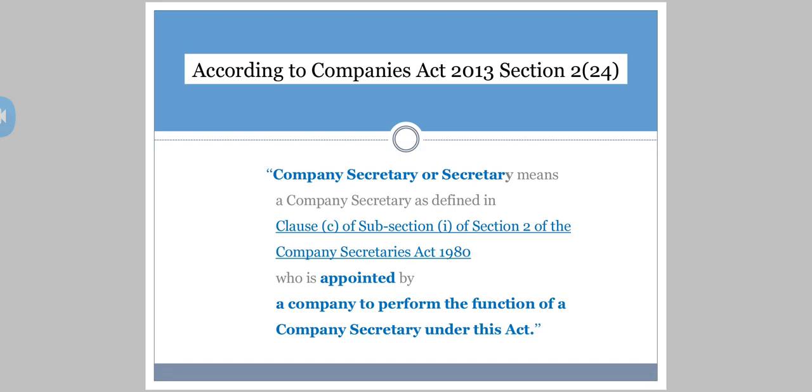Now see, there is one act, that is Companies Act 2013, and in that act there are various sub-sections given, and in those sub-sections company secretary has been defined, and it says that a person who is appointed by a company to perform the functions of the company secretary under this Act. That means whatever work that has been assigned to a secretary under the Act, that is all the person is going to perform.